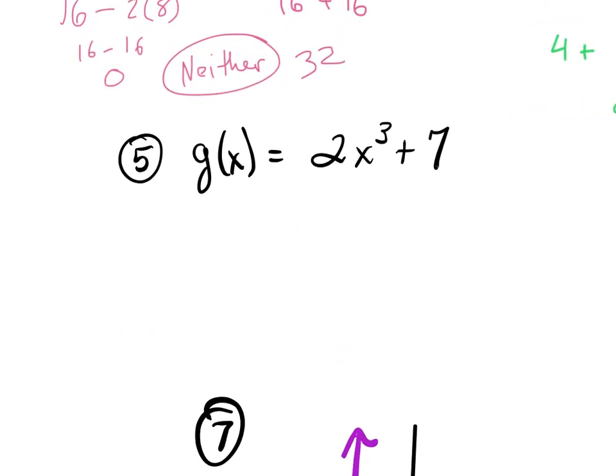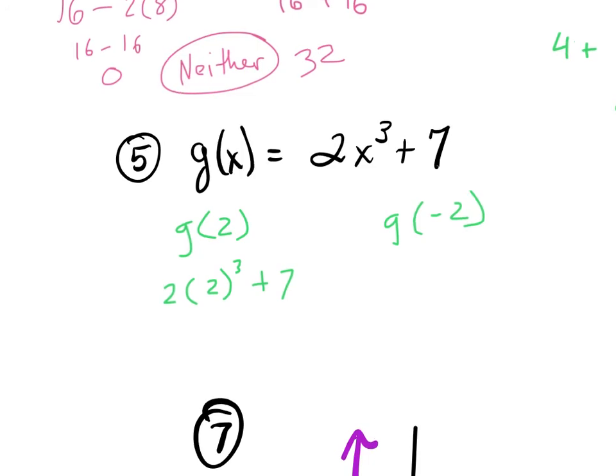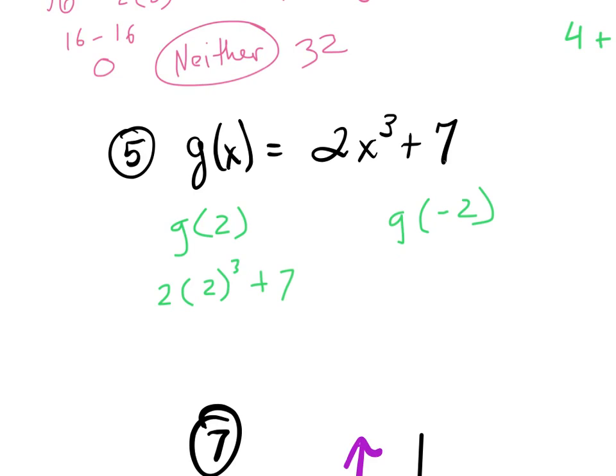Number 5. Again, we plug in 2 and negative 2. We have 2 times 2 cubed plus 7. So this would be 8 times 2, 16, plus 7, which is 23.